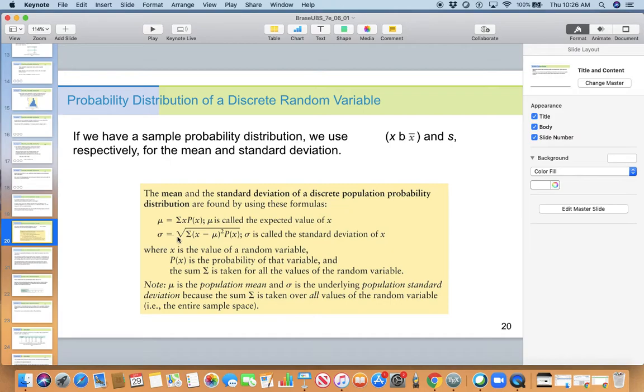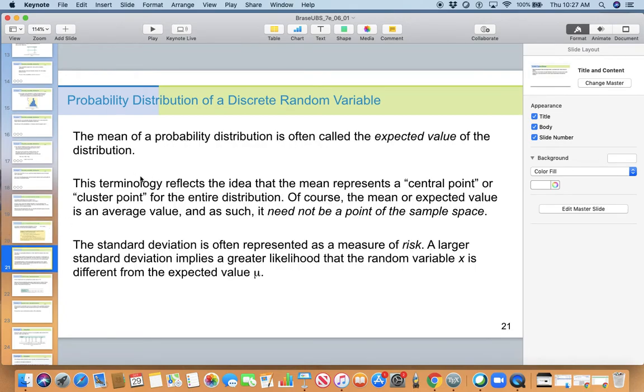Sigma is given by the formula: square root of the summation of (x minus mu) squared times p(x). Sigma is called the standard deviation, where x is the value of a random variable, p(x) is the probability of that variable, and the sum is taken for all the values of the random variable. Note, mu is the population mean, sigma is the underlying population standard deviation, because the sum is taken over all values.